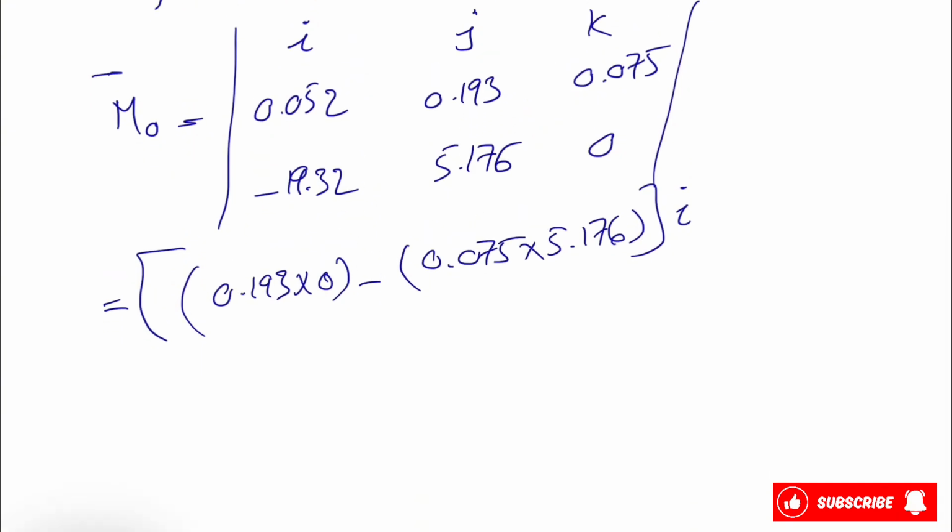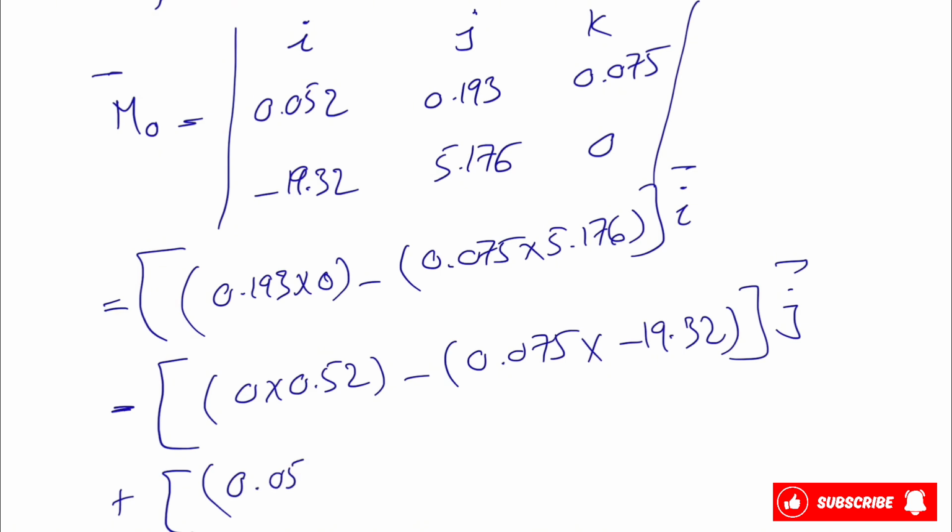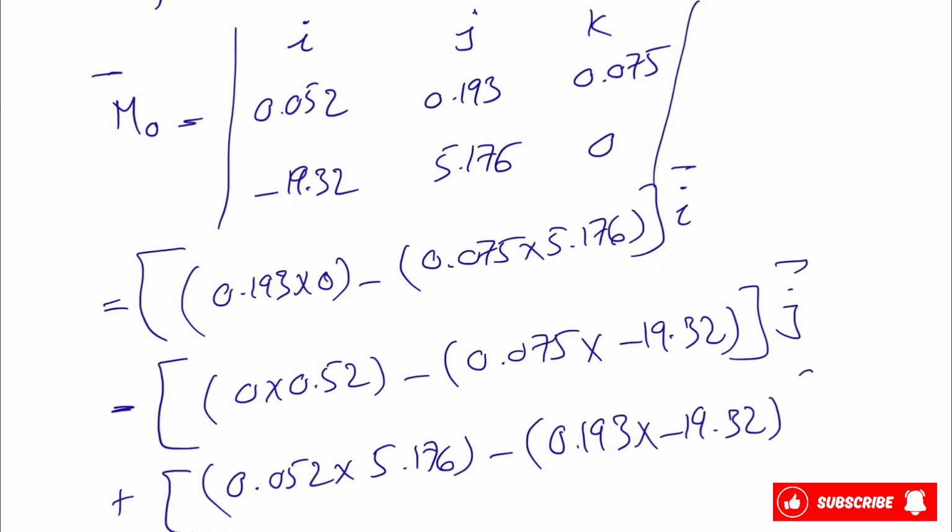And for j, this time we cover j, and we have a negative sign for j, which comes from the formula for the determinant. We have 0 times 0.52 minus 0.075 times minus 19.32. And the last one for k, we have 0.052 times minus 0.93 times minus 19.32.